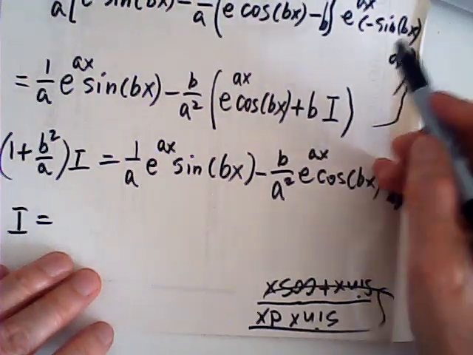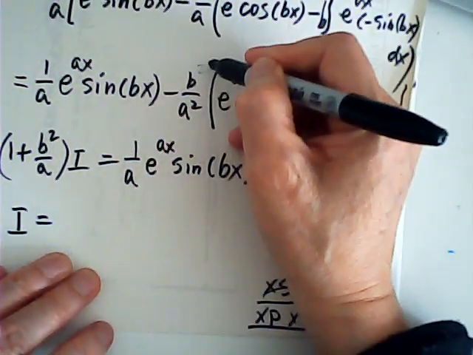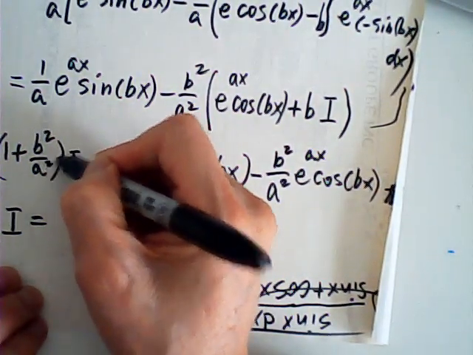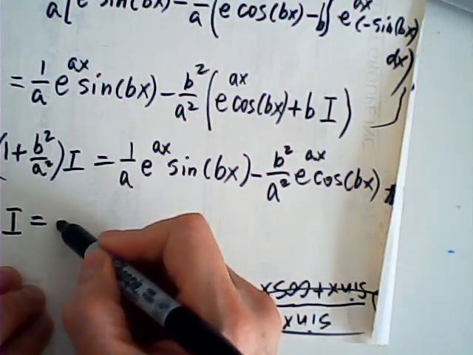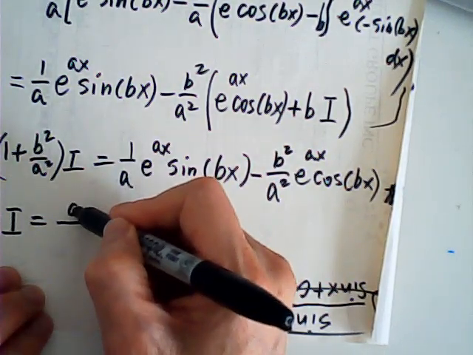Wait a minute, there's something. This is b square. This time is b square. Okay. This is b square. This is b square. This is a square. So this becomes upside down. This is a square.